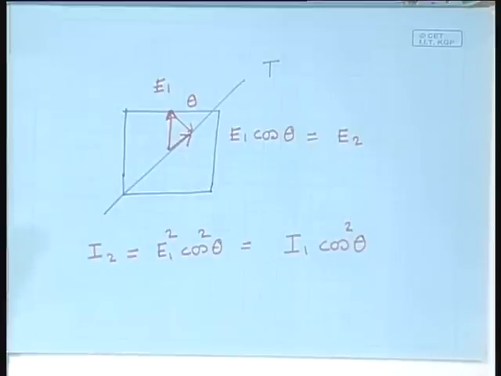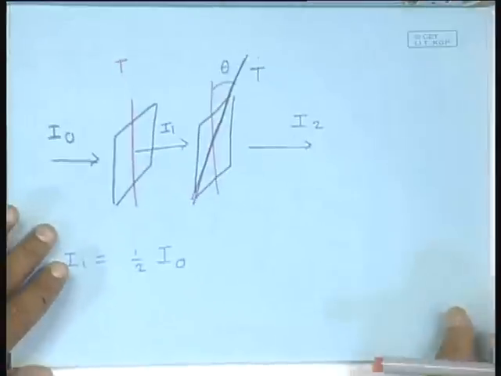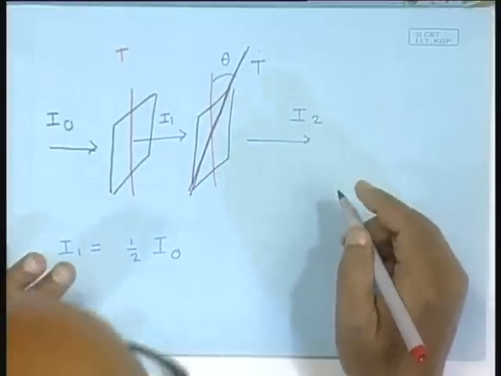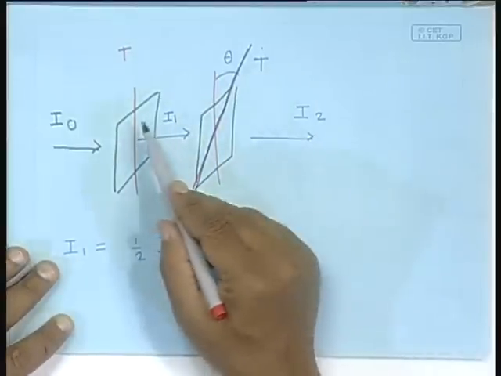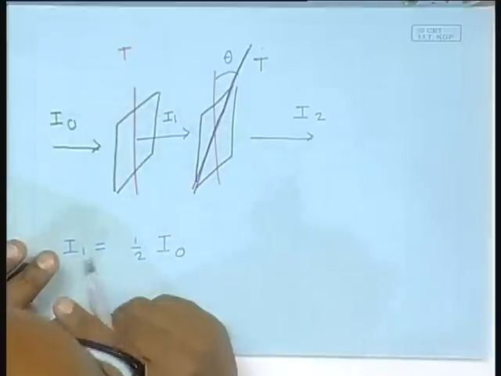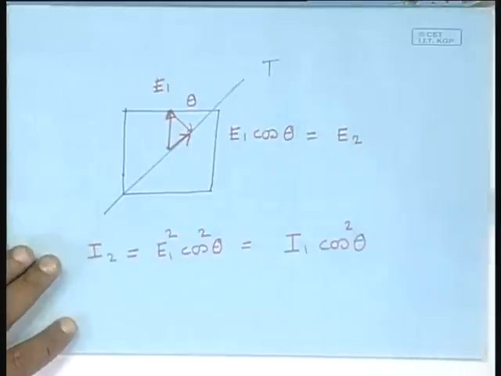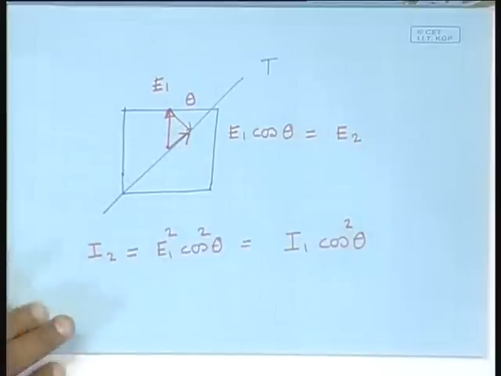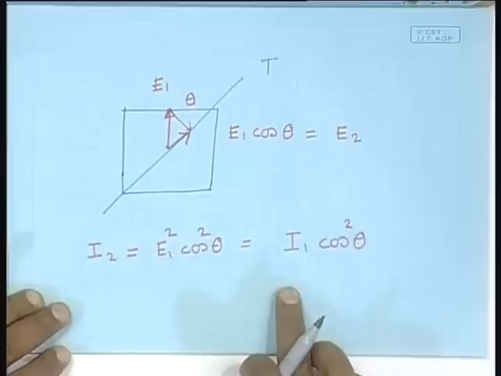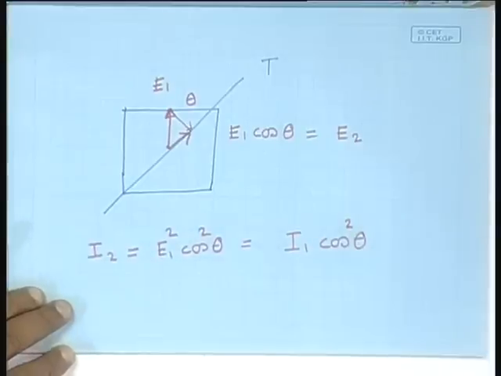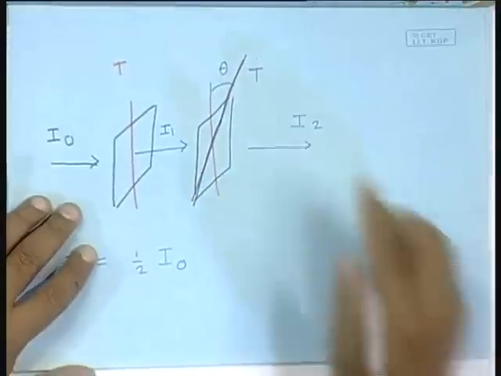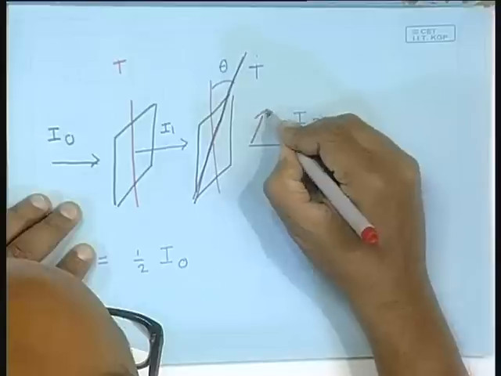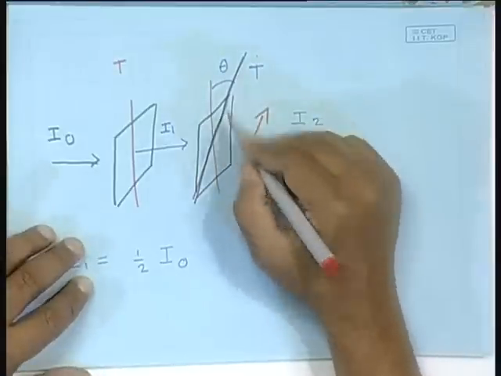So, if I have two polarizers at an angle theta, the intensity of the light goes down by a factor of cos square theta, where theta is the angle between the transmission axes of the two polarizers. Or, if I have linearly polarized light at an angle theta to the transmission axis, the intensity of the light that comes out is reduced by a factor cos square theta, and the radiation that comes out is now polarized parallel to the transmission axis of the second polarizer.